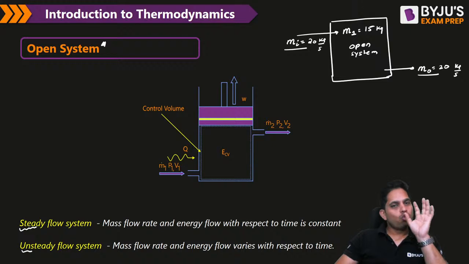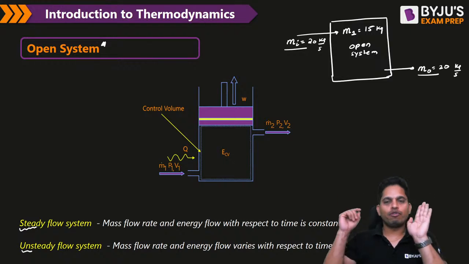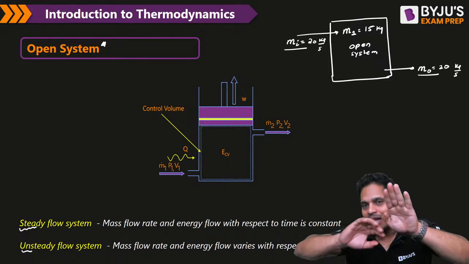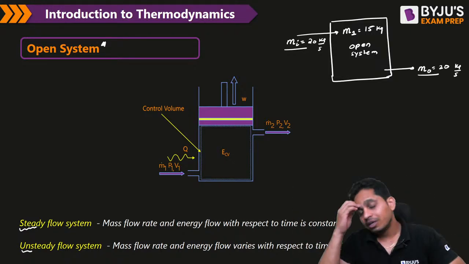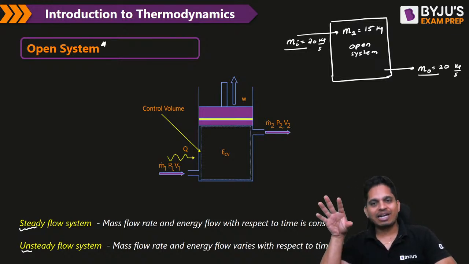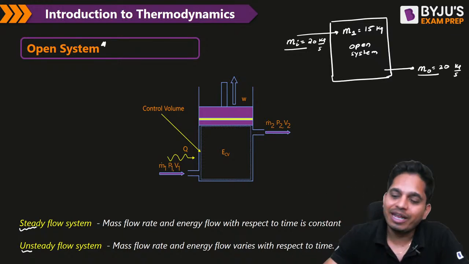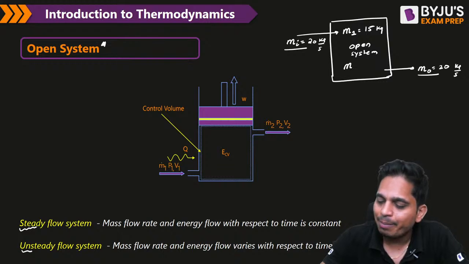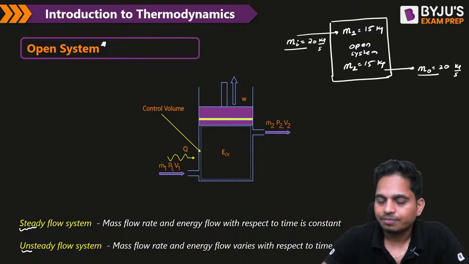You already have 15 rupees in your pocket, but I give you 20 rupees and tell you to give it to someone. So for you 20 rupees came and then 20 rupees went out. So now how much mass do you have finally? After this transaction, how much mass do you have finally? Again the same mass, which is 15 kg.